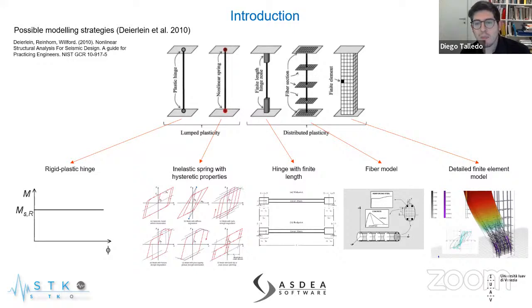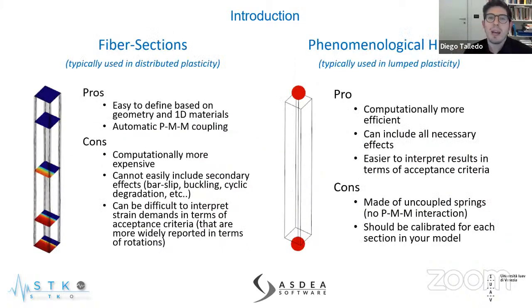Basically, we have a specific integration method along the length of the element that permits calibrating the plastic hinge length, making it more easily controllable with respect to the standard distributed fiber section. So, summarizing, we have on one side fiber sections that, as we say, are typically used in distributed plasticity.